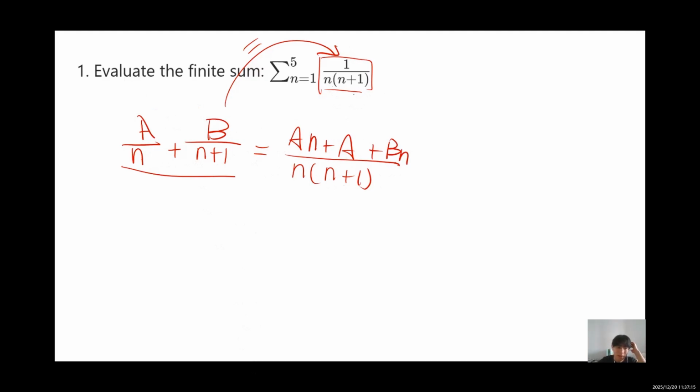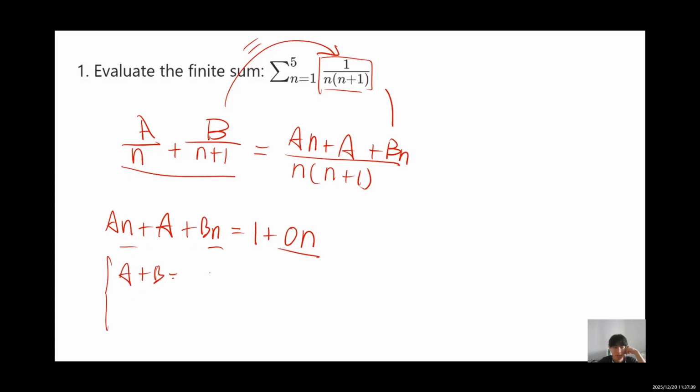Since it is equal to 1, An plus A plus Bn is 0n plus 1, because there is no n term. So A plus B equals 0, and A, the only constant, is 1.